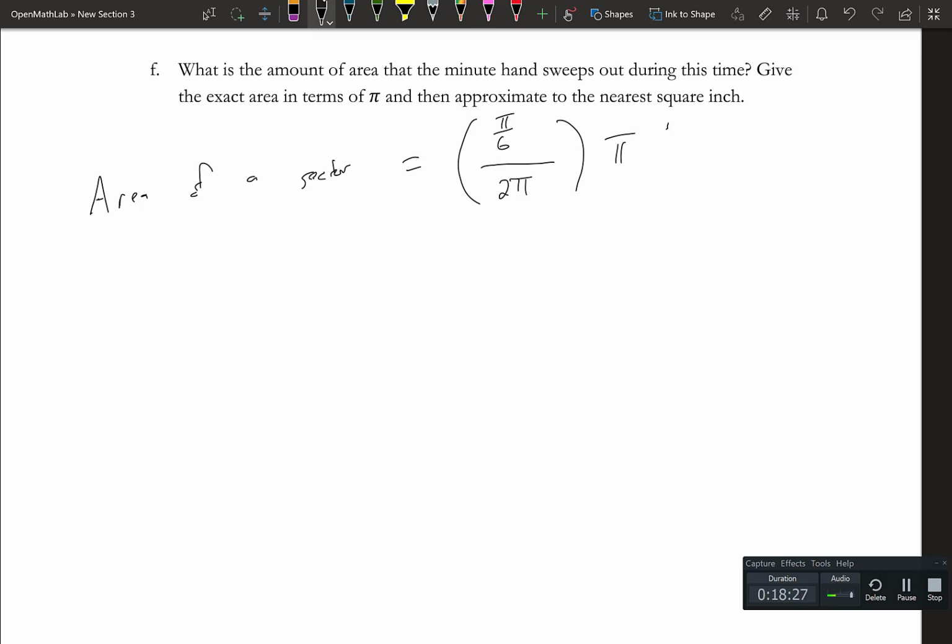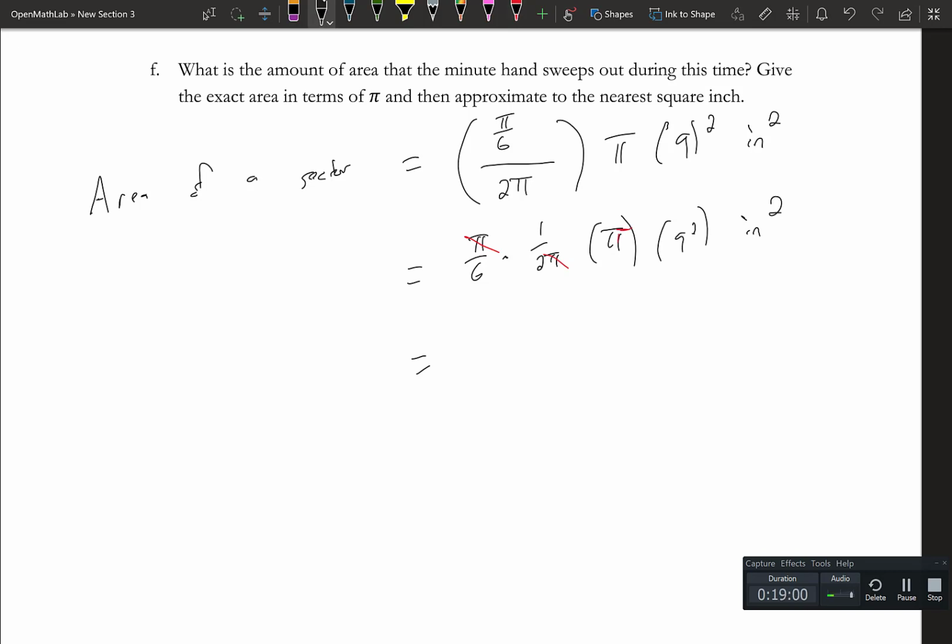So this would be pi times 9 squared square inches. We can simplify this. This is equivalent to pi over 6 times 1 over 2 pi times pi times 9 squared inches squared, and these pi's can cancel out.